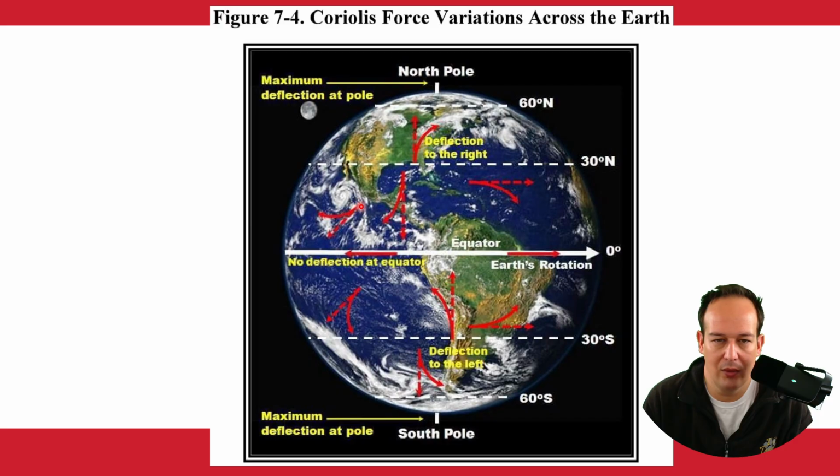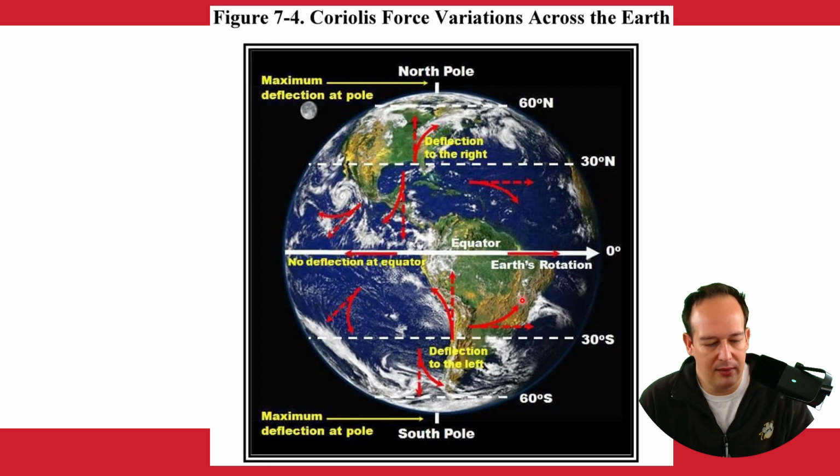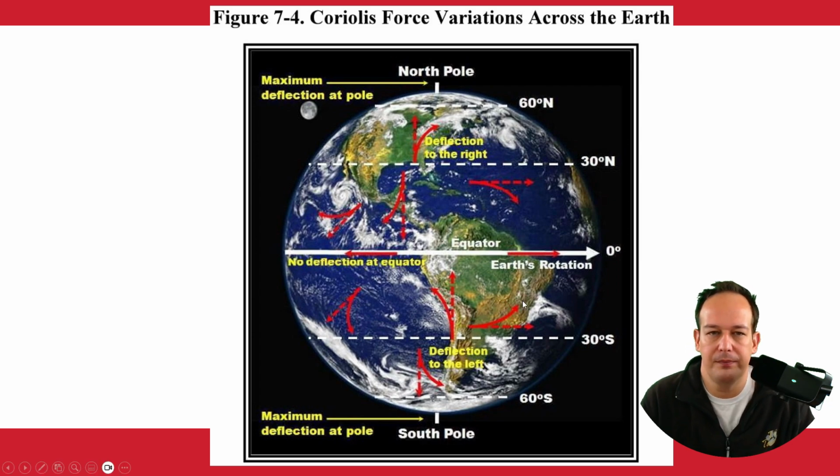And as the wind wants to go to the southwest, it gets deflected to the right. And then in the southern hemisphere, like we said, Coriolis force causes the wind to deflect to the left. So here's some wind trying to go to the north, but it gets deflected to the left. Some wind tries to go to the east, gets deflected to the left. So that's how Coriolis force works.